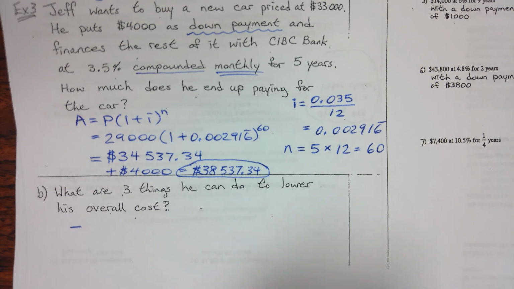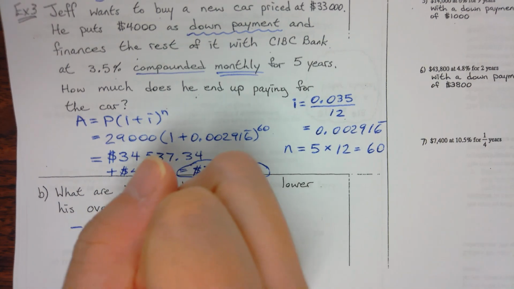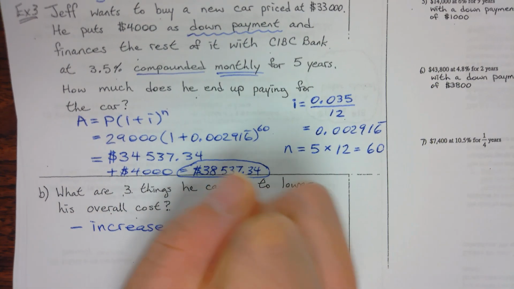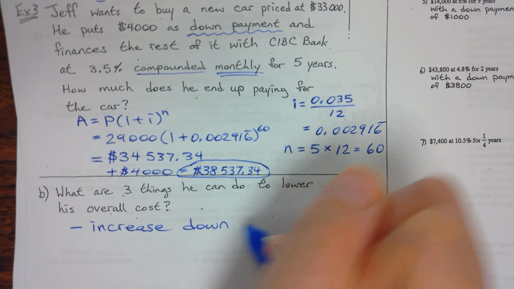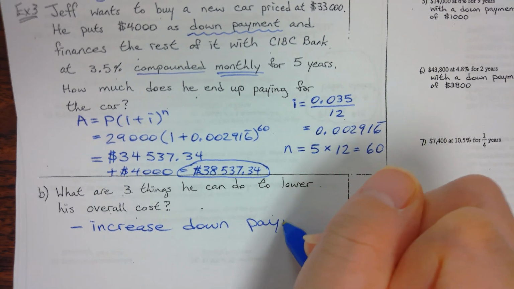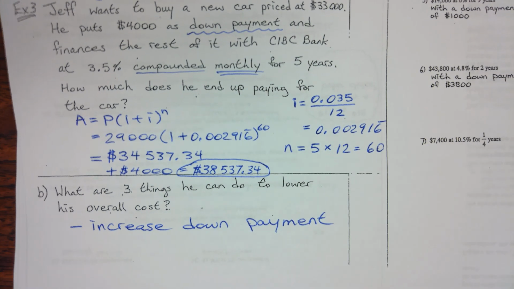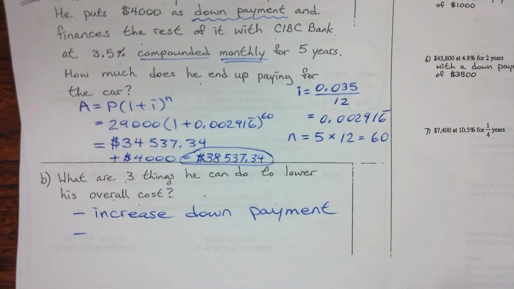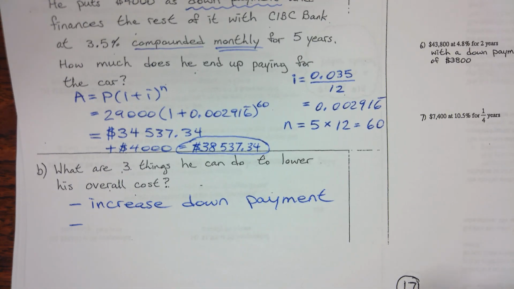What are 3 things you can do to reduce your overall cost? Right, increase the down payment. So if you increase the down payment, like paying it down upfront, then you pay less interest. All right.